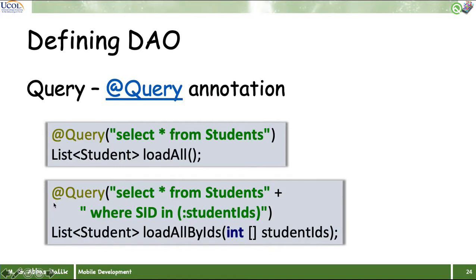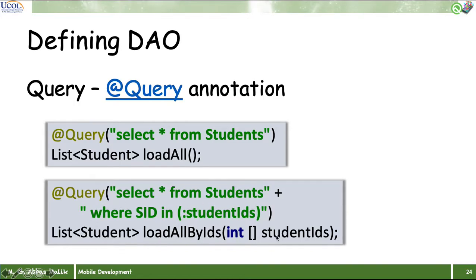Then we also have a second example in which we're using the @Query annotation, SELECT * FROM students. We are saying that we want to select all the records, all the columns from the students table, where for each record the student ID is IN this array. So all the student IDs which are present in this integer array, if they exist in the students table, it will return me that list of students.